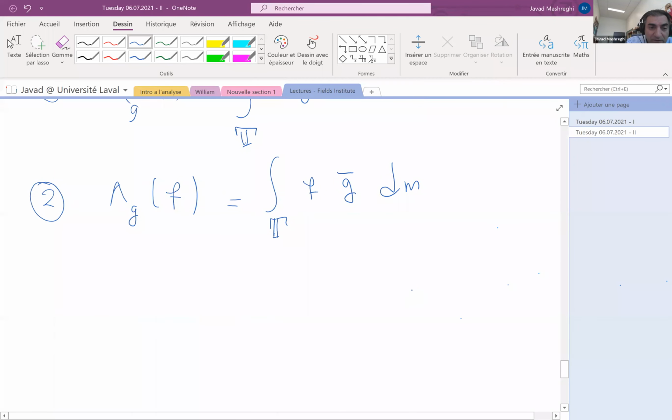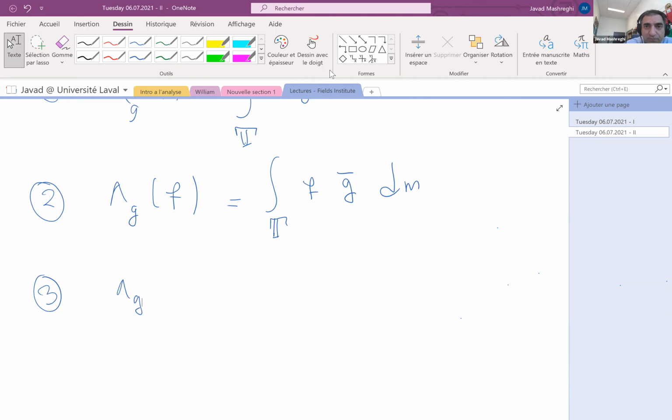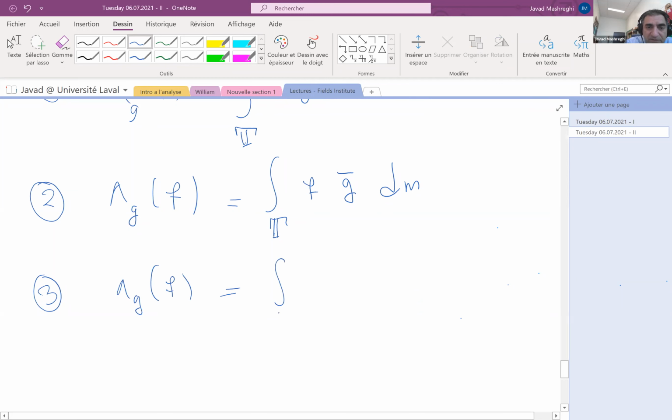And these are not all. Another one, again for a special reason, that is to take care of the constant that appears in some applications. Another way to define lambda g is to define lambda g of f by the integral over T. They put a zeta here, and note that our argument is zeta here.